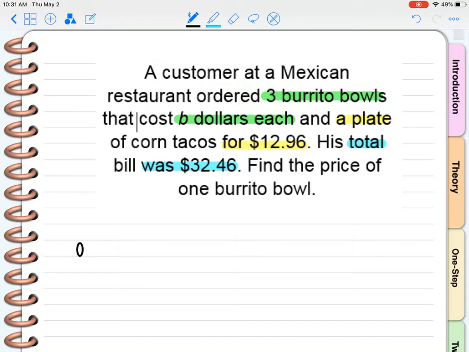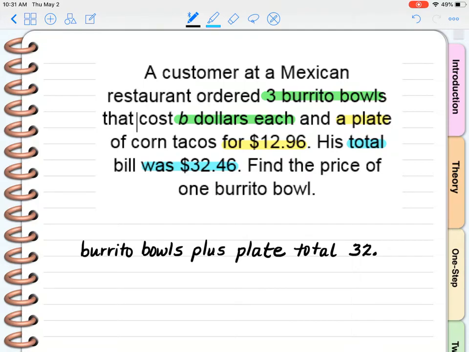We have the burrito bowls, plus, again, I don't care about individual tacos. I'm looking at the entire plate of tacos. And the total was this dollar amount, this constant amount.